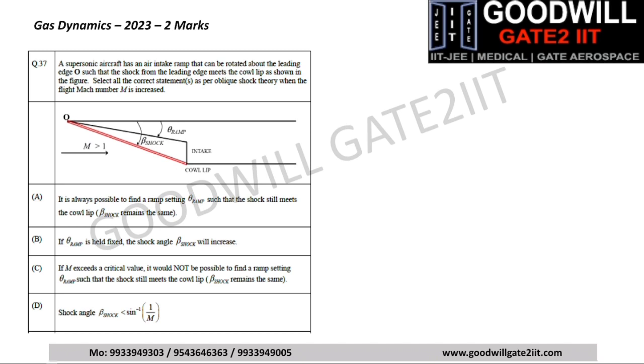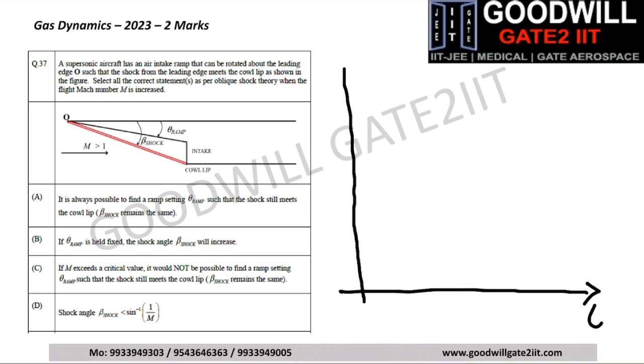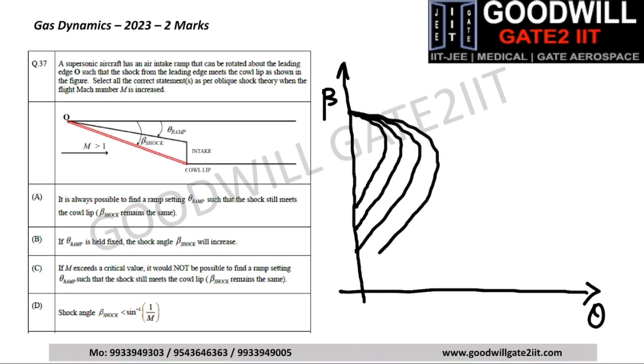So an image is given in which the theta ramp and beta shock are shown along with the Mach number being greater than 1. For this question we will have to consider the theta-beta-M curve, which is something like this, with the x-axis being theta and the y-axis being beta. We can draw this for various Mach numbers all the way from Mach number greater than 1 to Mach number about infinity.